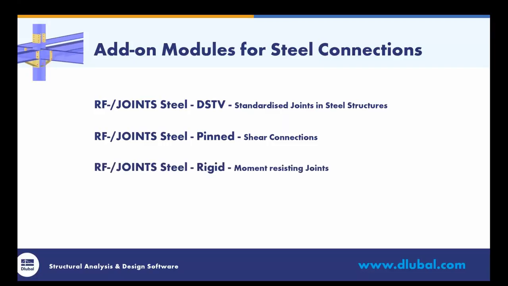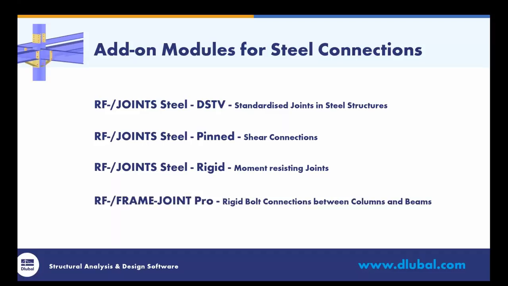Then we have the module Joint Steel Rigid, which can design a combination of a bending moment, normal force and shear, and we can do a rigid beam to column connection with a rigid end plate and beam to beam connections with a rigid end plate again, or a rigid splice plate.